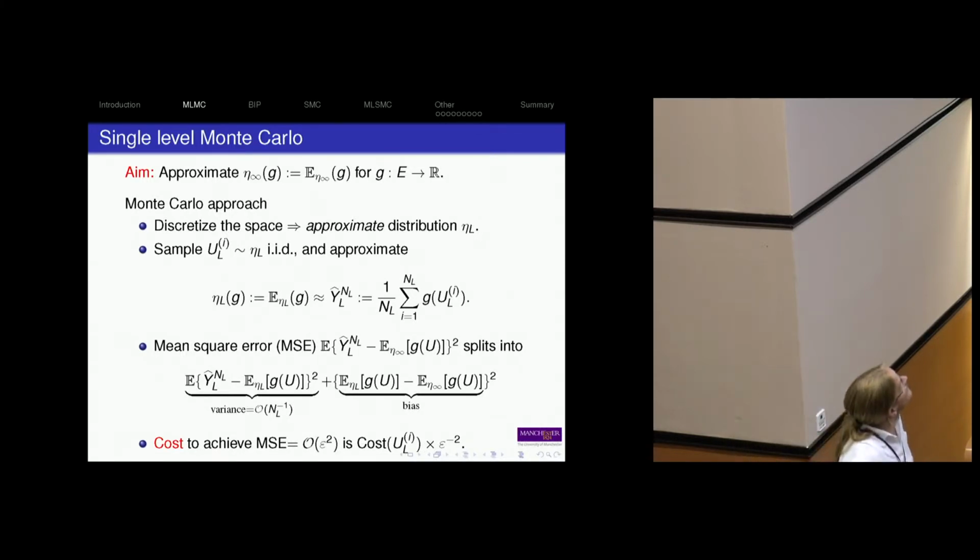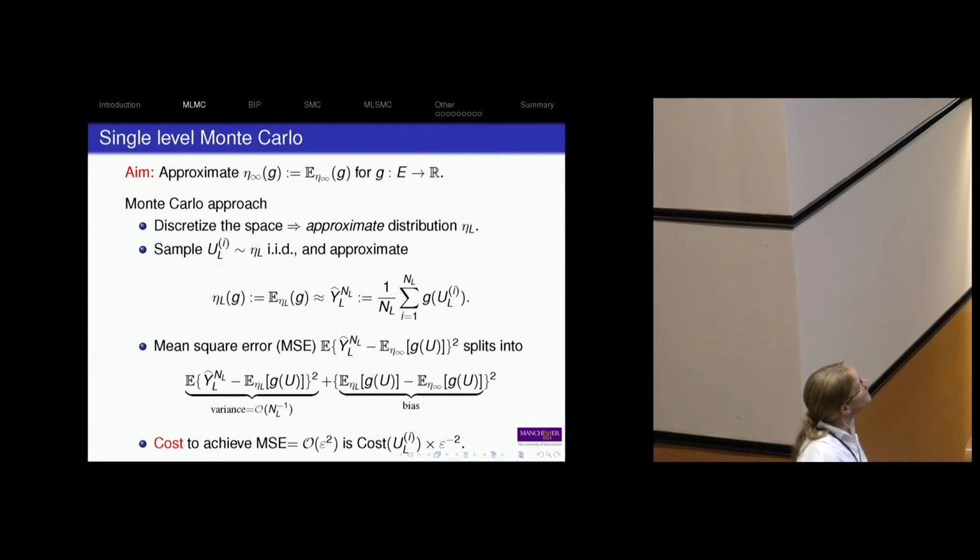So we want to approximate an expectation with respect to some measure. If we write this in a general form, we want to approximate eta infinity of g, which I define to be the expectation of some functional g over E, with respect to this limiting infinitesimal measure eta infinity.